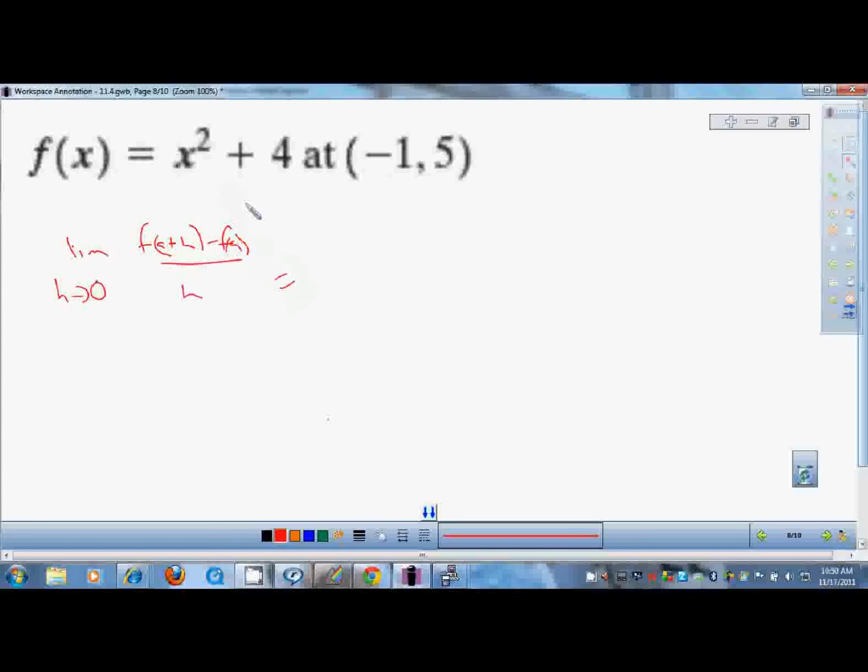Plugging that into our function, that's a plus h squared plus 4 minus a squared plus 4. I just punched in a plus h for x and then a for f, all over h.